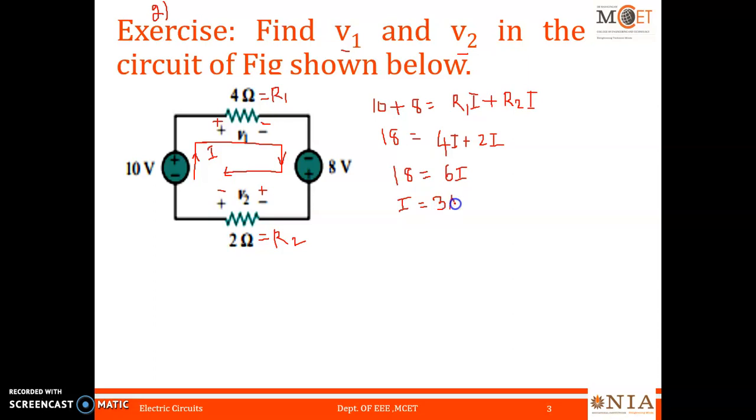Once we know I, we can calculate the voltage drop across R1 and R2.